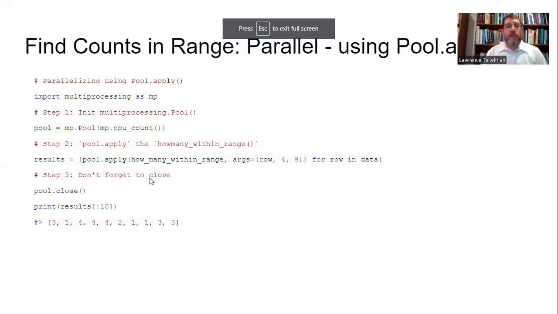Right. So I apply my pool of processors to how many within range for each row simultaneously. All right, and you got to watch out for this. Just like when you use databases, you have to close your connection. So it's important to close the pool. Why is that important? Now, it might happen automatically, but why do you think that this might be a good idea?